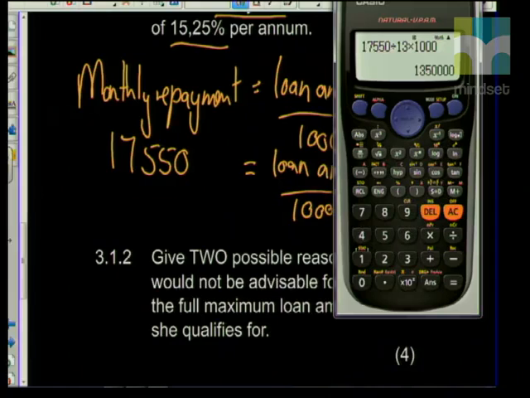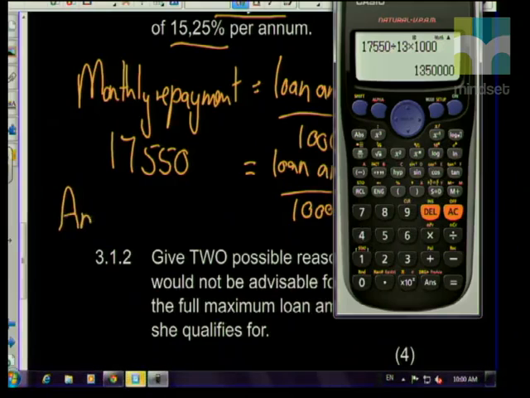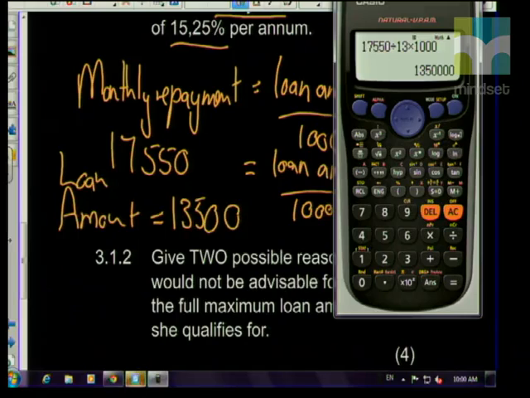And so using the calculation, we can say the loan amount for the loan is equal to 135,000. So that is 1.35 million rand. Okay? Quite a substantial amount. But that's a lot of money to be paying into the account.